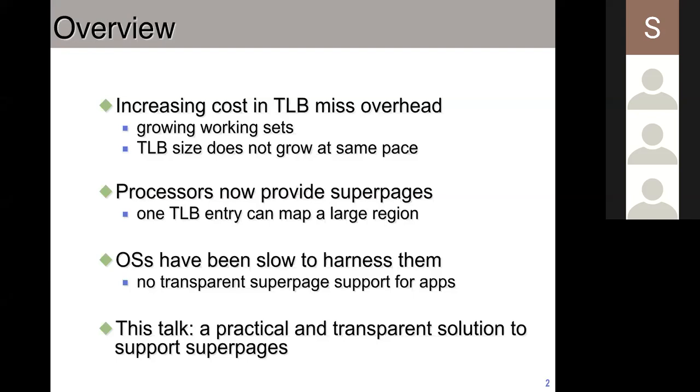If we have more entries in the TLB, we can store more virtual page number to physical page number mappings. As a result, we don't have to go to the page table as much as we would have to. What has happened over the years is that the memory usage of applications has gone up, and in the meantime, the TLB size has not kept pace with that. As a result, we're having more and more TLB misses.